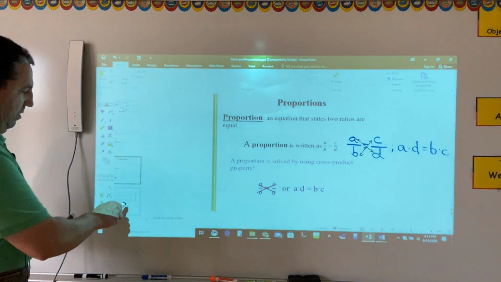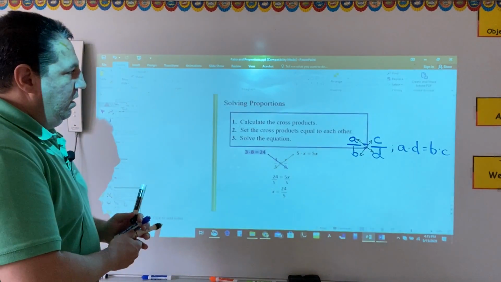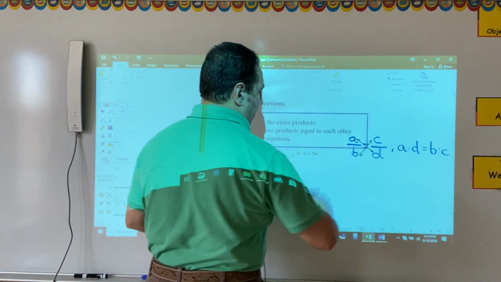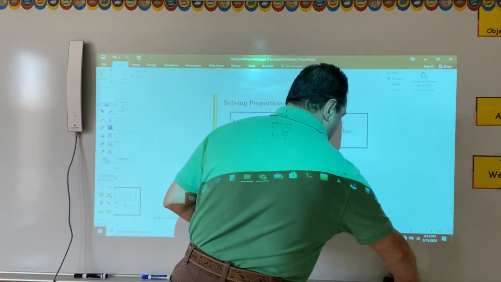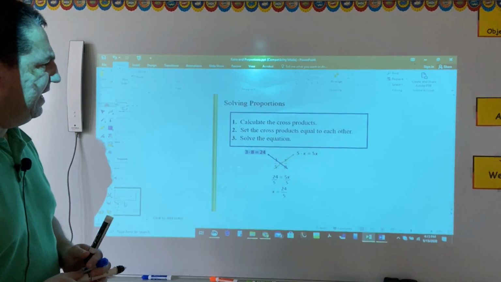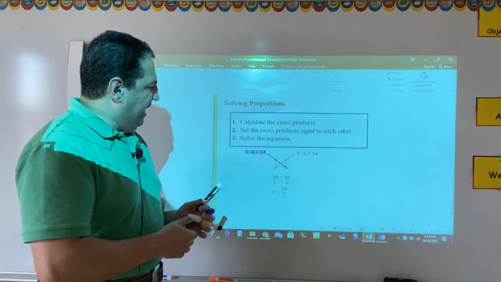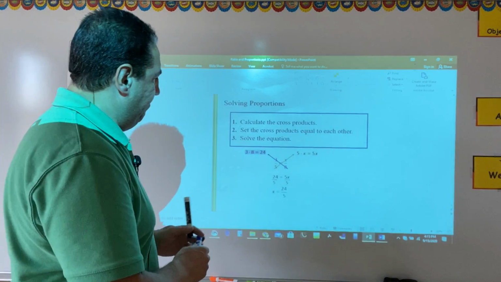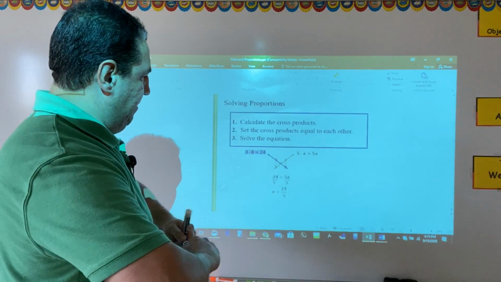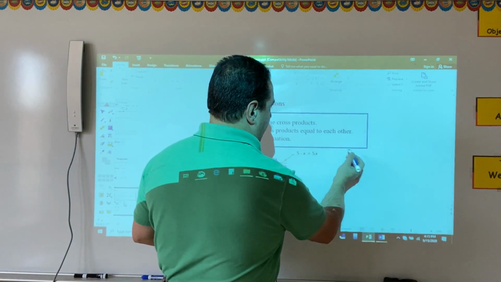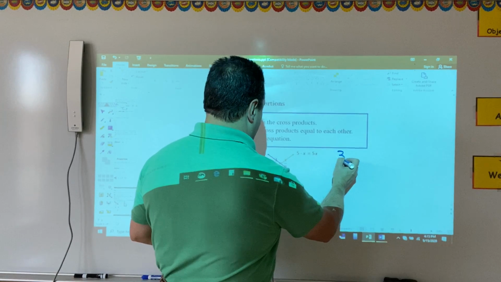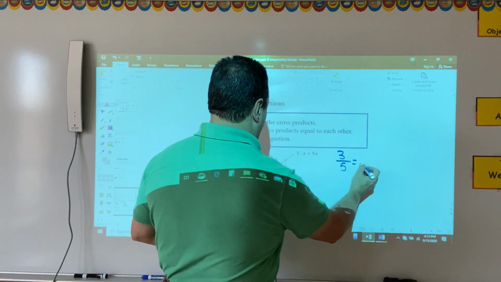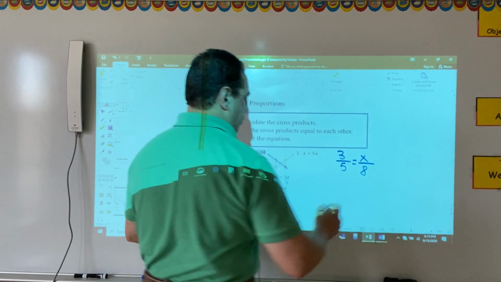Let's have a few problems with ratios and proportions. For example, consider this proportion: 3 over 5 equals x over 8. Good.